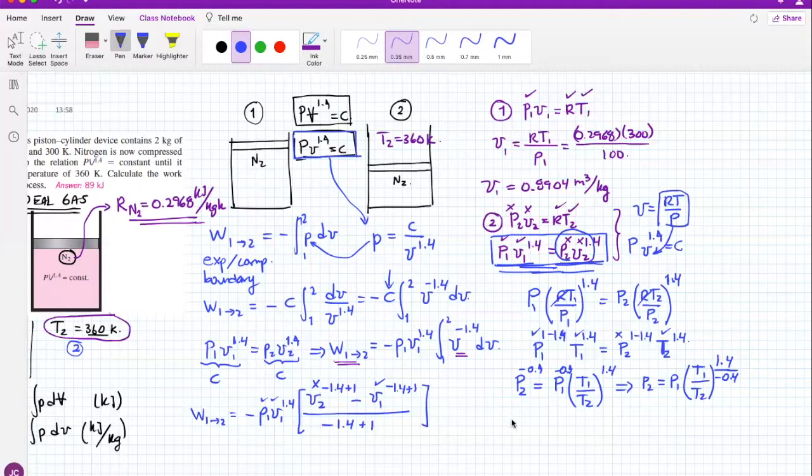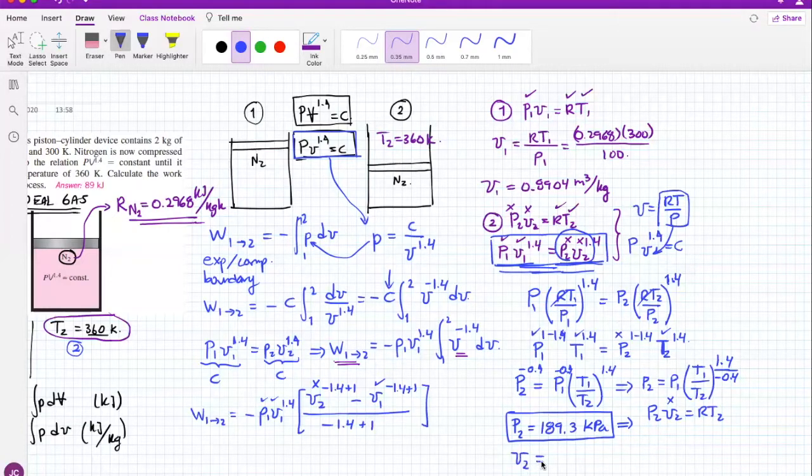With that, you will see that for P2, you can put all the information in there. You have everything that is needed over there, and you will see that this is 189.3 kilopascals. And if it's not, you can tell me. So now with that, I have the pressure at 2. And with P2 V2 equals RT2, you can get this fella that is waiting for you to be got.